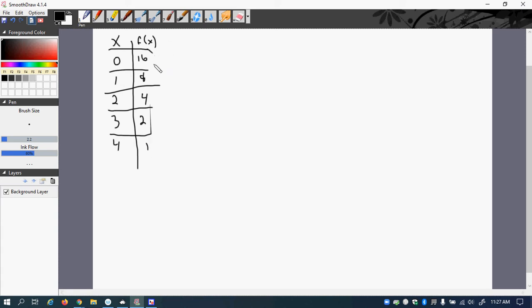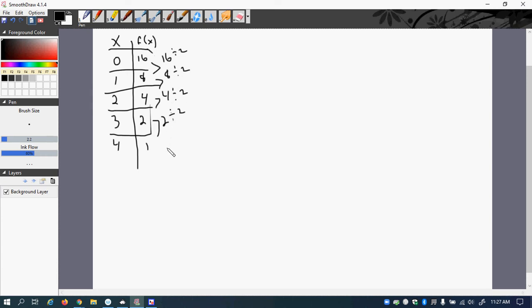So we can see here that it's 16 divided by 2 to get the 8, and then the 8 divided by 2 to give you 4, and the 4 divided by 2 to give you 2, and 2 divided by 2 is 1.